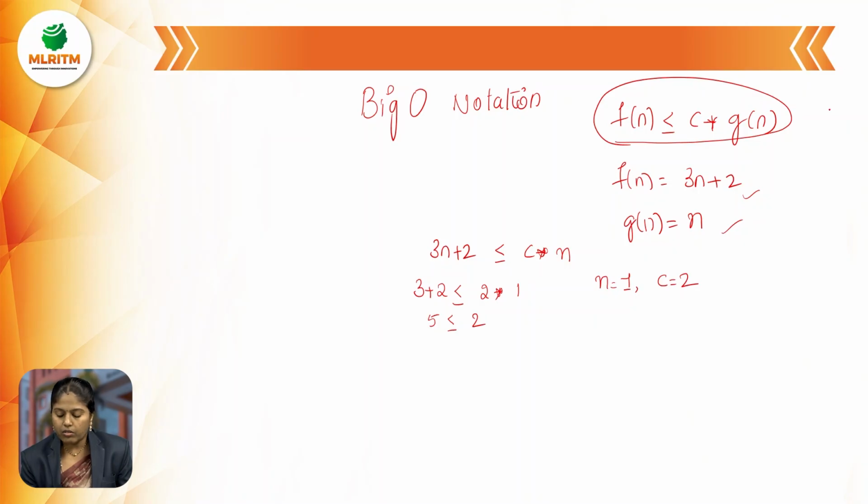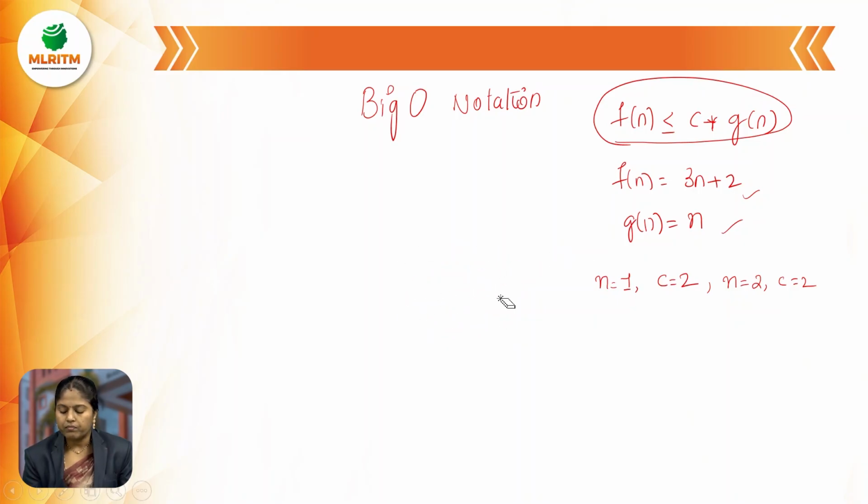Again, we substitute other values, like n equals 2 and c equals 2, and check whether the condition is satisfied. What is f of n here? 3n plus 2 less than or equal to c into g of n. 3 into 2 is 6, plus 2, less than or equal to 2 into 2.